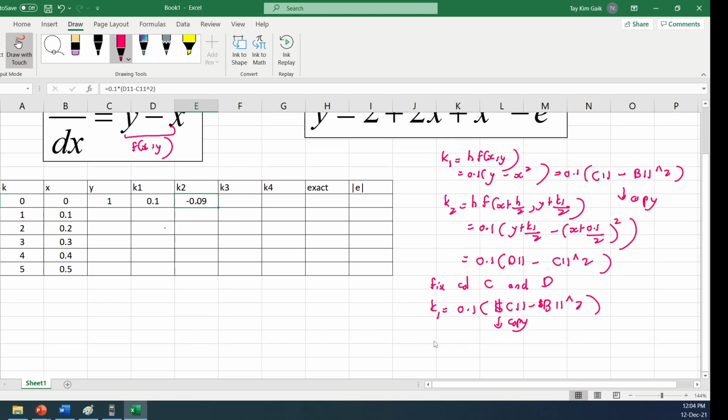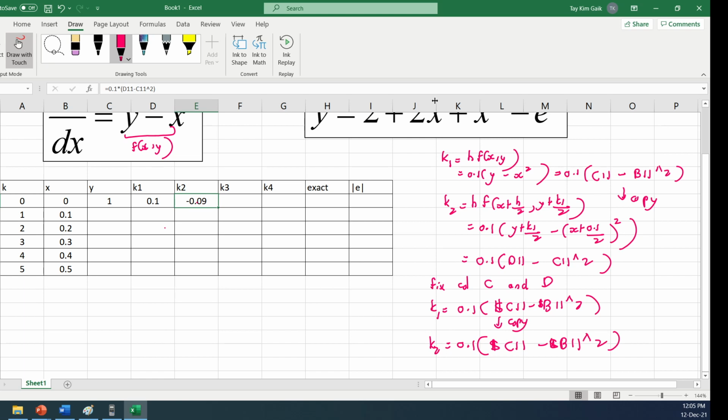When I copy it to K2, the formula is still 0.1 times $C11, $B11 power 2. If there is only one dollar sign in front, it means fixed column. If you have one more dollar at the back, it's actually fixed row. If you fix column and fix row, it means you copy from the cell C11 only. But I don't want to fix the row because I want to copy it down.